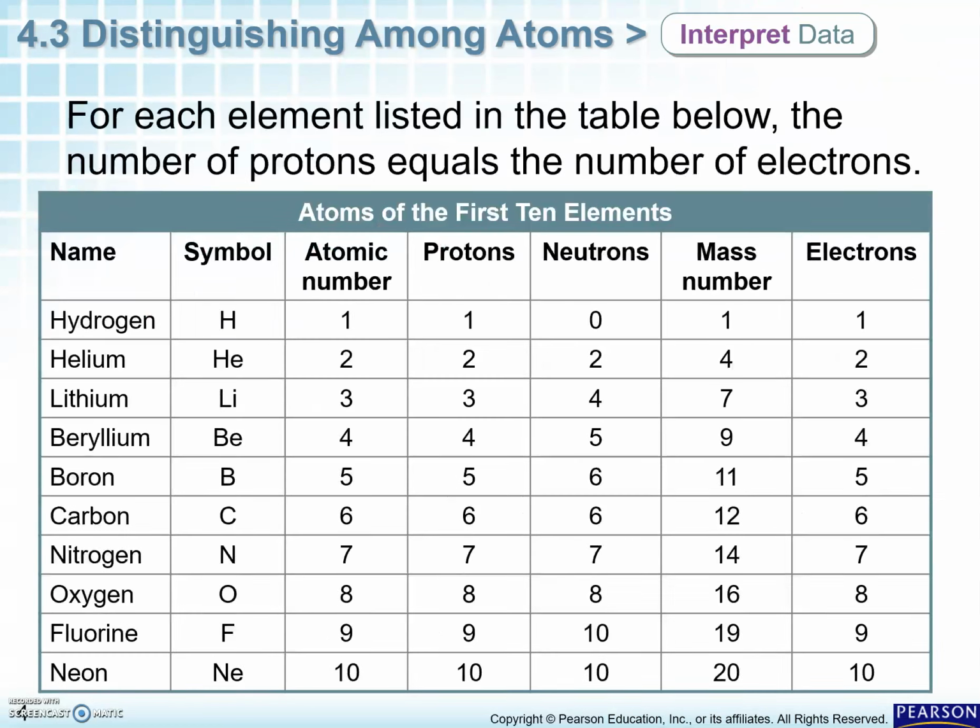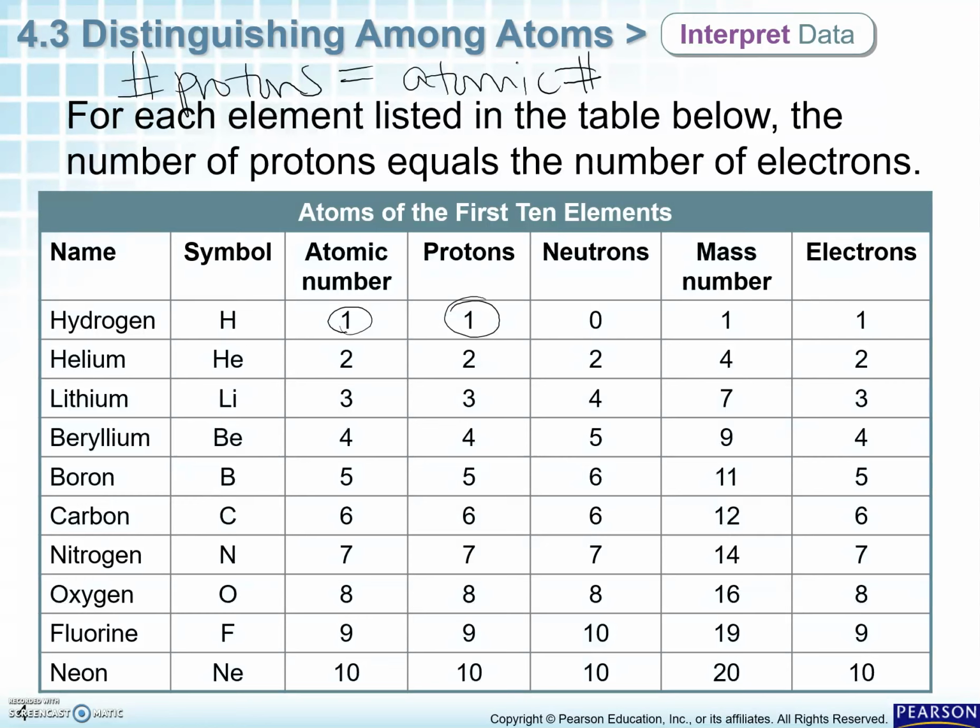For example, if you have a hydrogen atom, its atomic number is 1. That means that it has 1 proton. So anytime you're using atomic numbers, remember that the number of protons equals your atomic number.